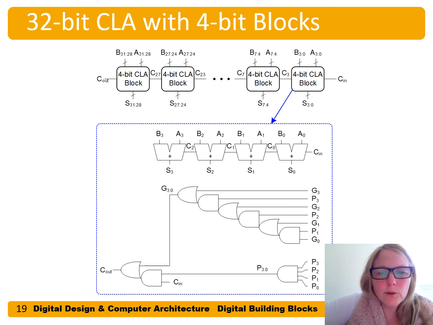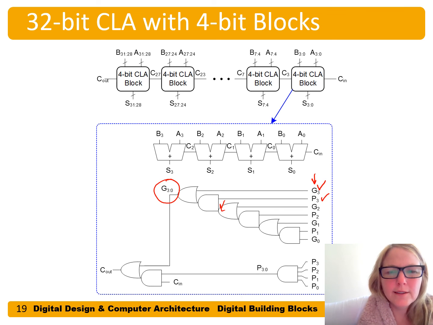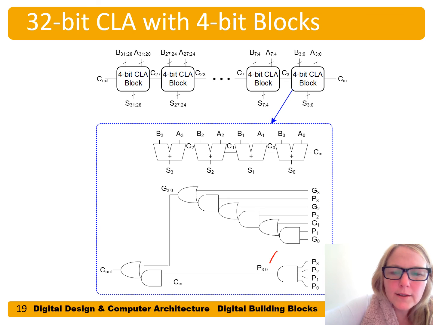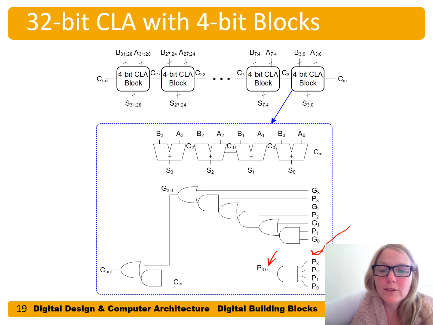And so you'll see that here are our column propagates and generates, and we're using those to calculate our block generate. This is G sub 3 or P sub 3 and the rest of that. And here's our block propagate signal being generated by using our column propagates and generates.